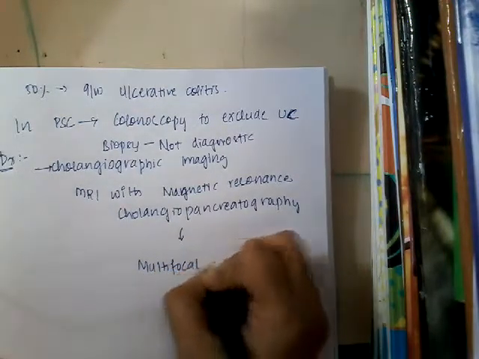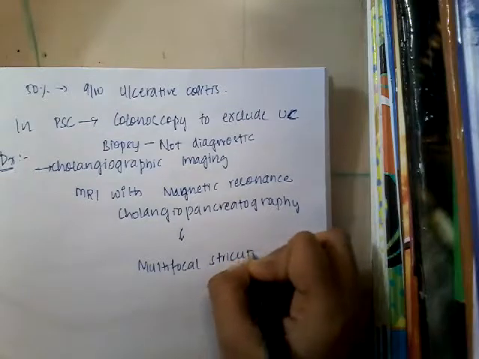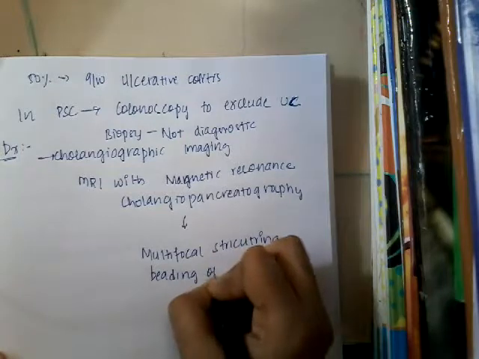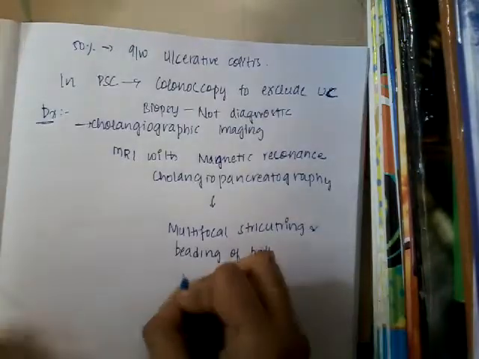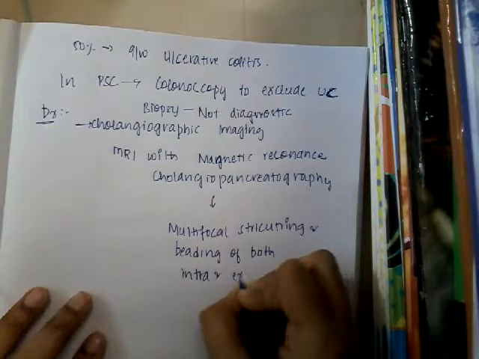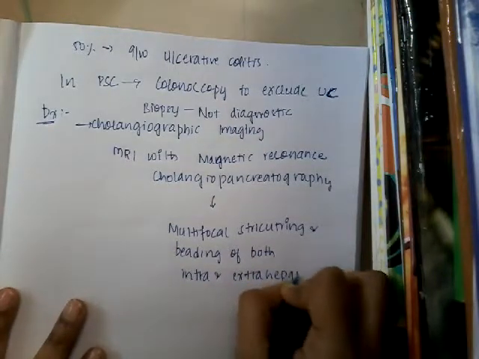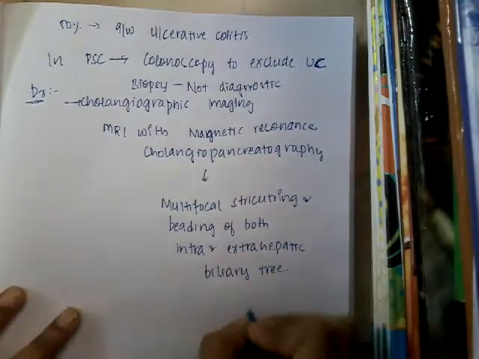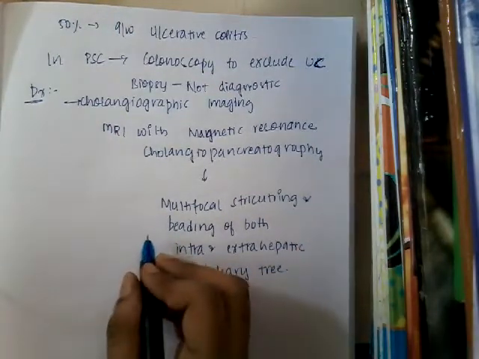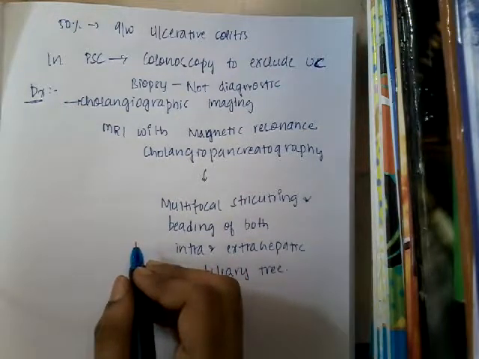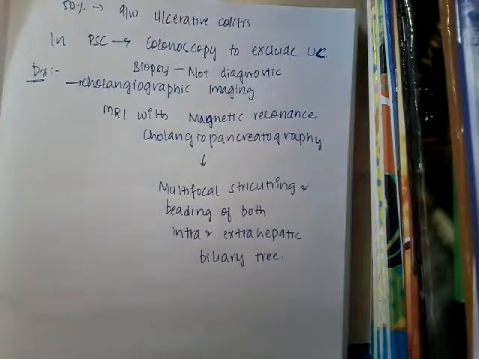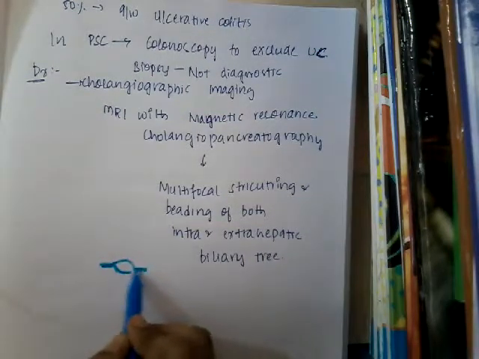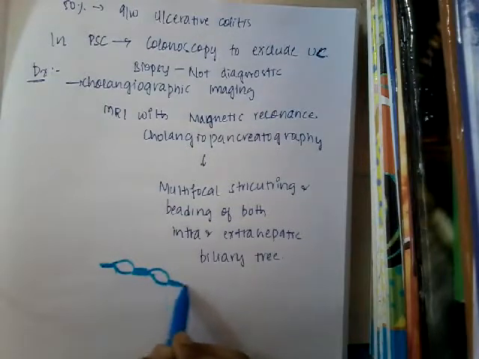multifocal stricturing and beading of both intrahepatic and extrahepatic biliary tree. Okay, these strictures are short with intervening normal segments. So there is stricture formation, and then there is normal part again. There is stricture, there is normal, there is stricture, there is normal.